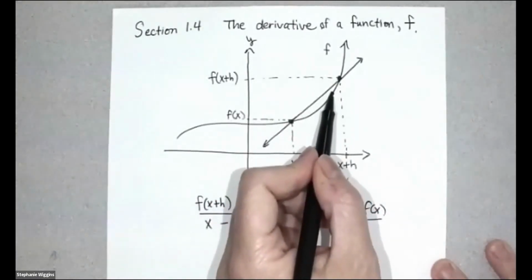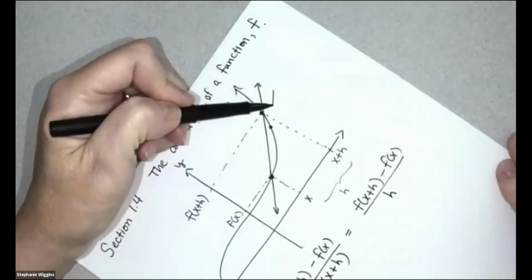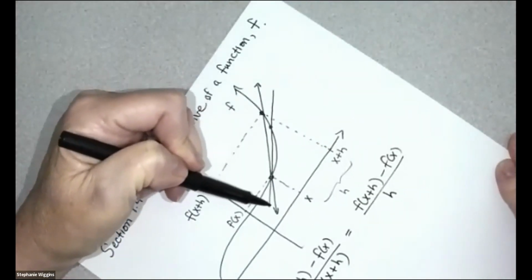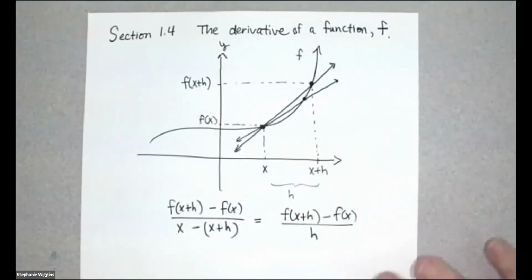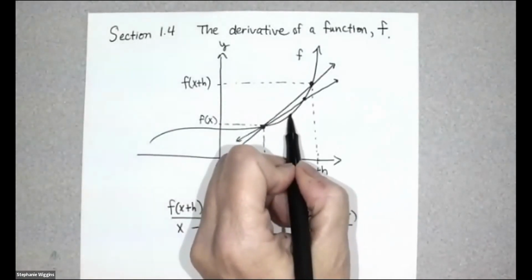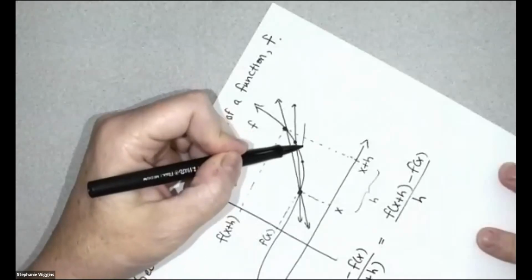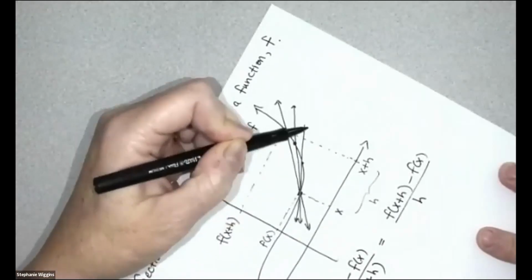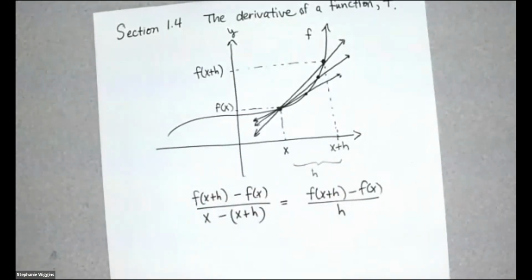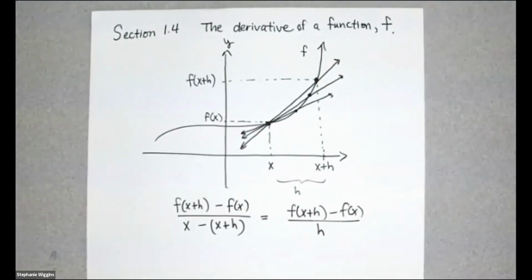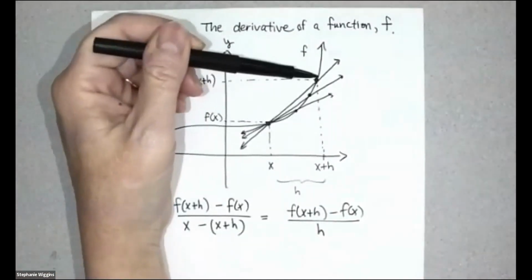Let me just draw the progression there. And as I get even closer, these lines are called secant lines. The slope of a particular line is the average rate of change.